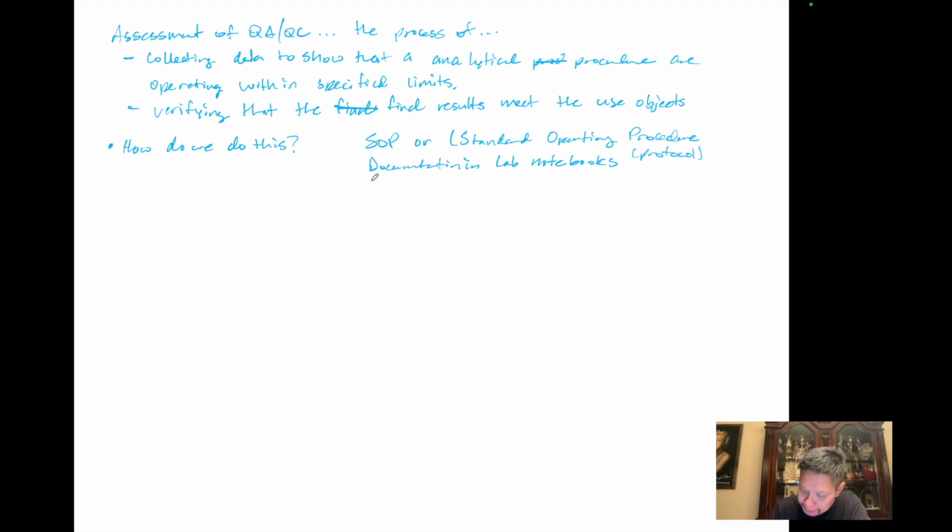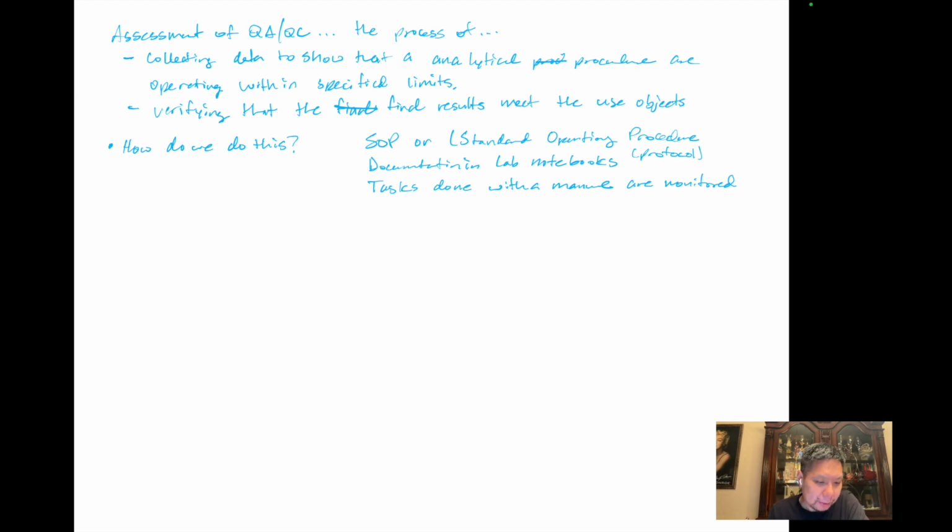And then any tasks that are done with a manual are monitored and recorded.